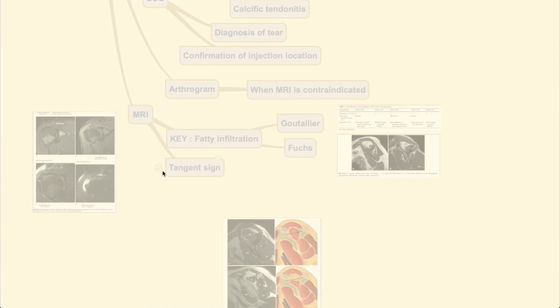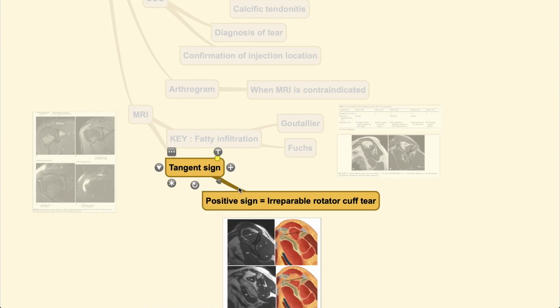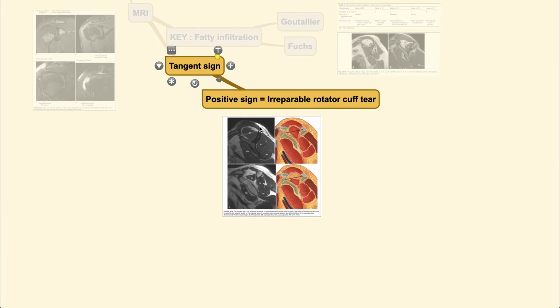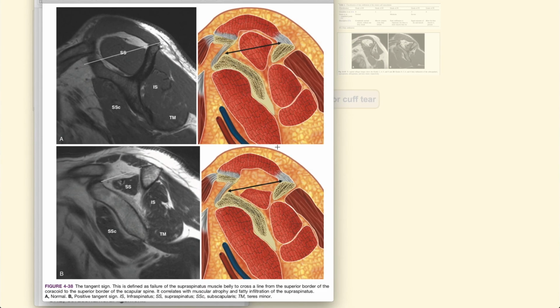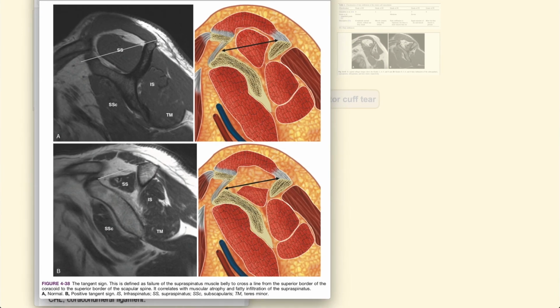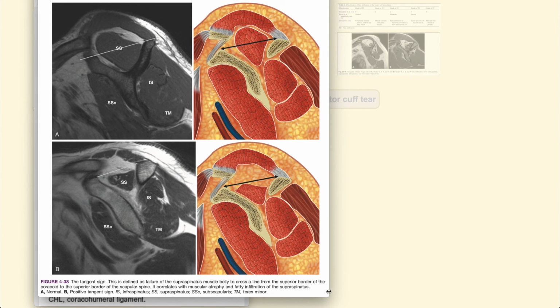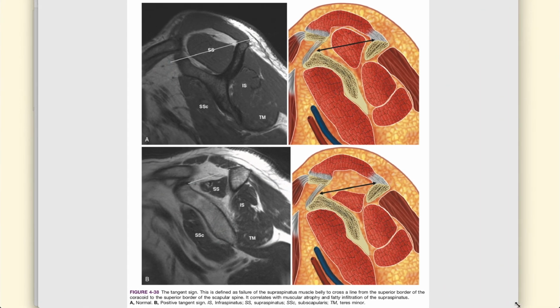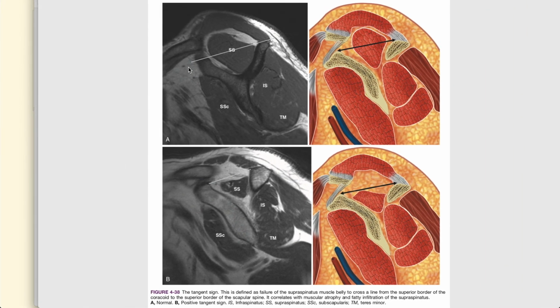You need to know one of the signs that is sometimes frequently asked in the exam, which is the tangent sign. A positive sign means that the rotator cuff tear is irreparable. Now here is an example of the sign you can see. This is the scapula and this is the spine of the scapula.